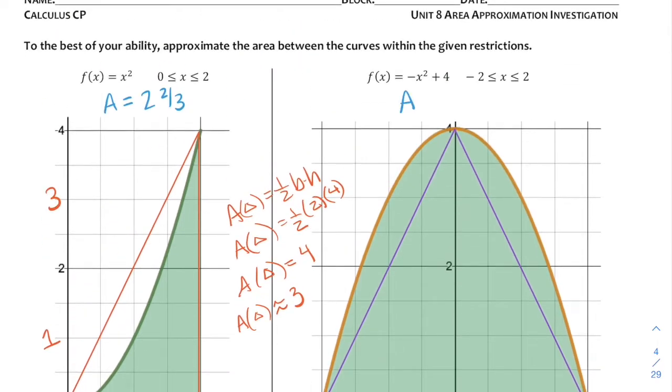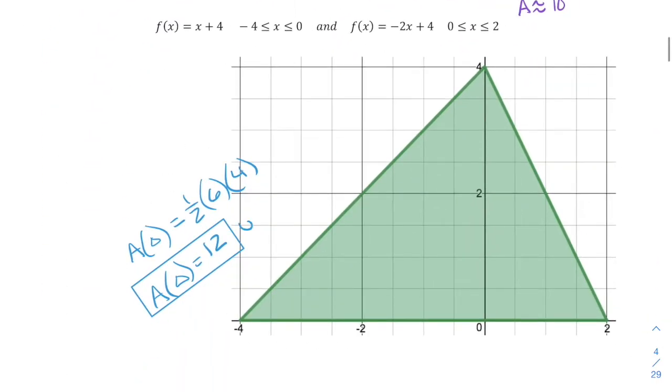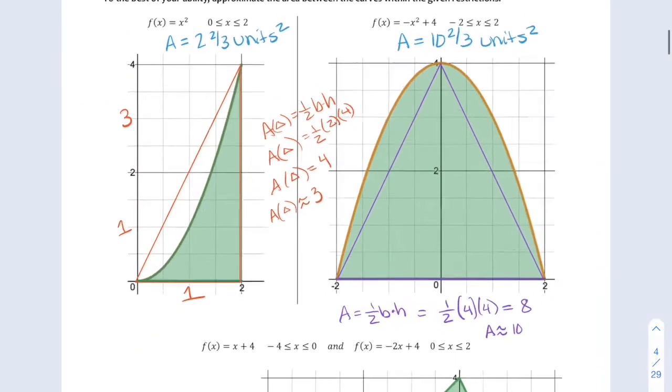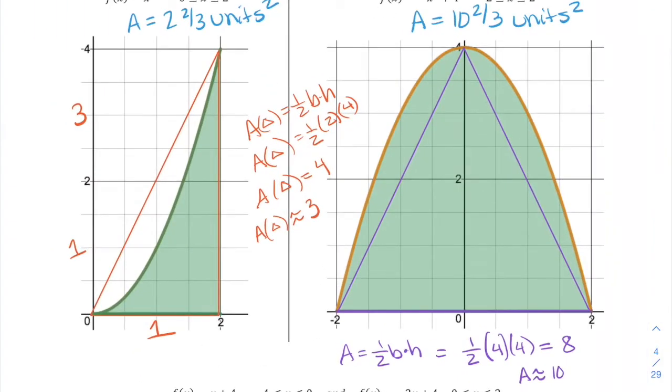So the area is exactly 10 2/3 for this one. So here we are. Now you have all of your areas for these. We would have done this in class, and I would have had you investigate it, but this is the best we can do for now.